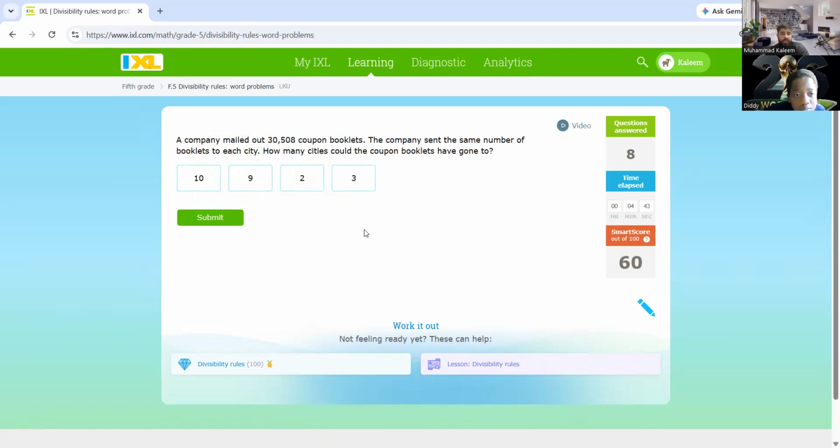A company mailed out 30,508 coupon booklets. The company sent the same number of booklets to each city. How many cities could the coupon booklets have gone to? 1 second. 2 is the answer.